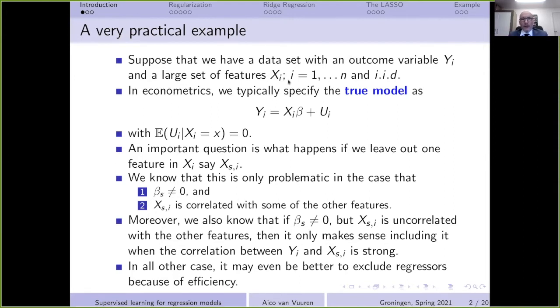And if we have continuous features, we might even include higher order terms. So apart from including x, we could also include x squared, x to the power 3, etc. That we could always do. And then we get a regression with many, many different features, and then hopefully we are going to have a good predictor.